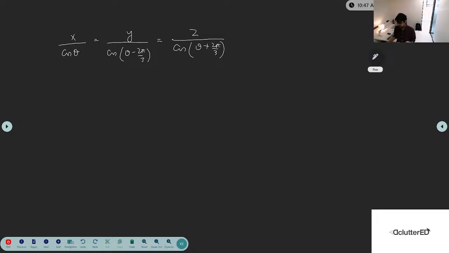This is what is given, and we have to find what x plus y plus z is. Again, I leave you folks for a couple of minutes to try this question and then come back to me for the solution.